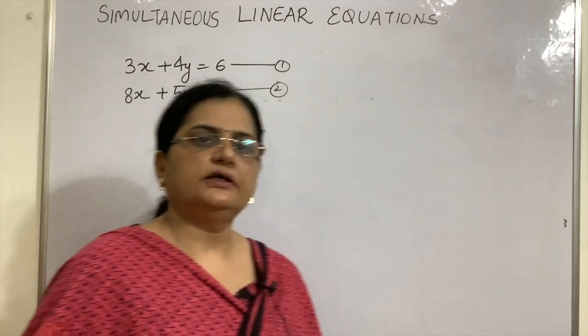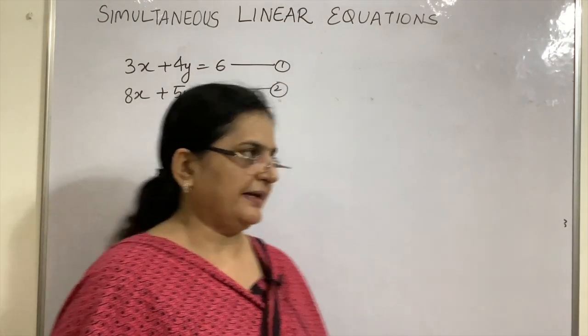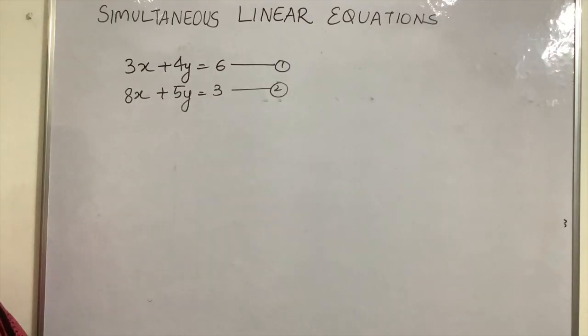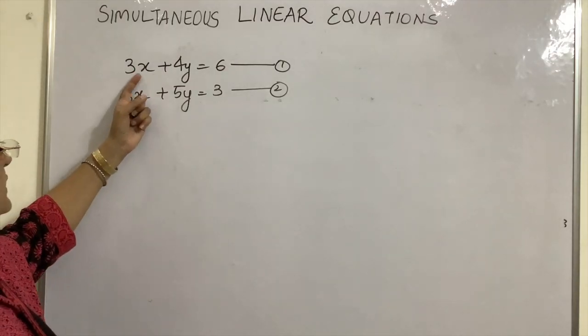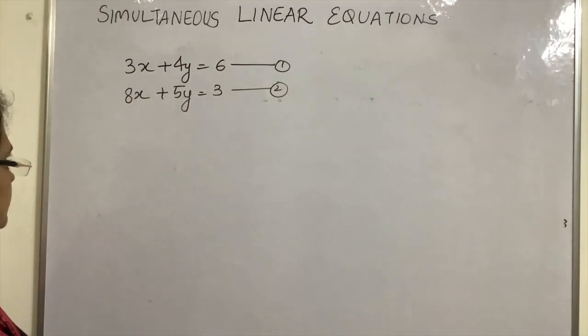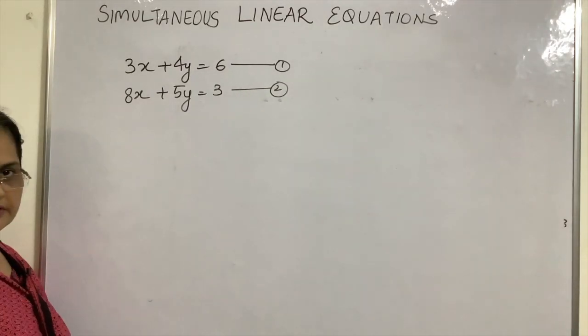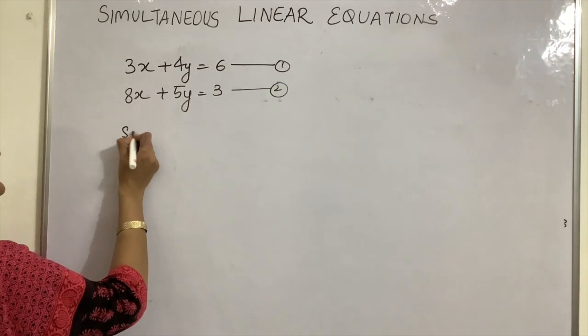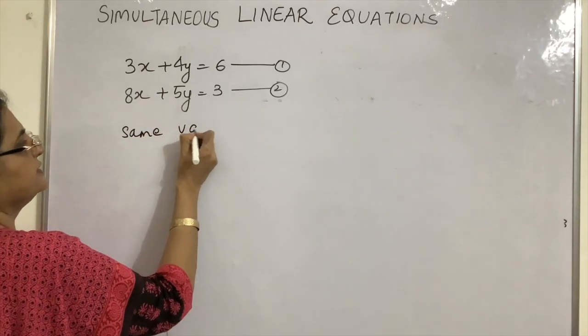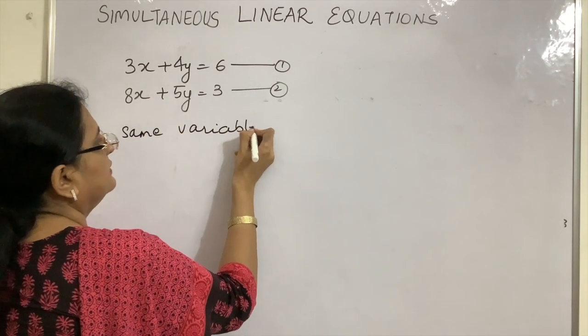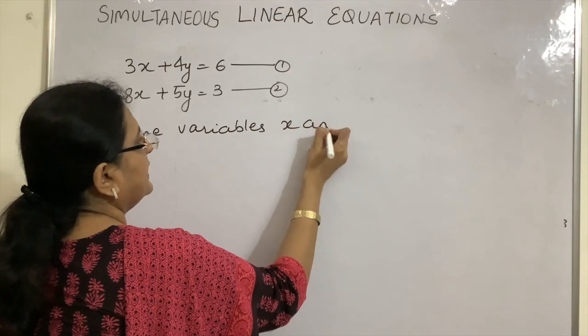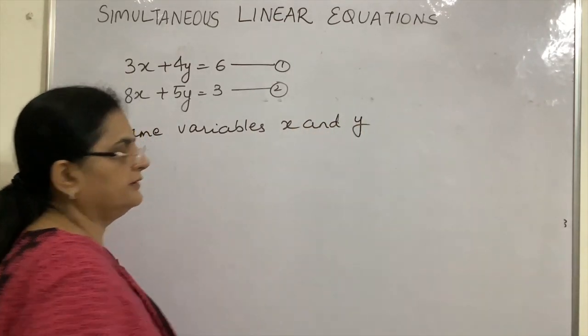After seeing what a linear equation is, let us talk about simultaneous linear equations. Now if you look into these equations, 3x plus 4y is equal to 6 and 8x plus 5y is equal to 3. They are two equations. They have the same variables, which are in this case x and y.